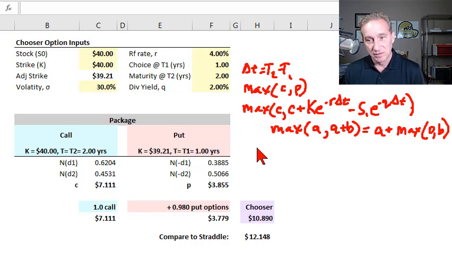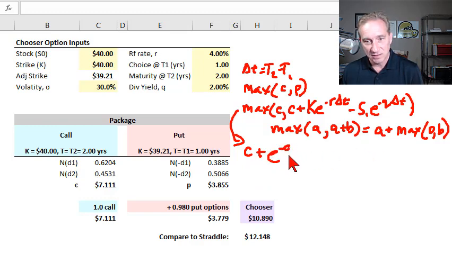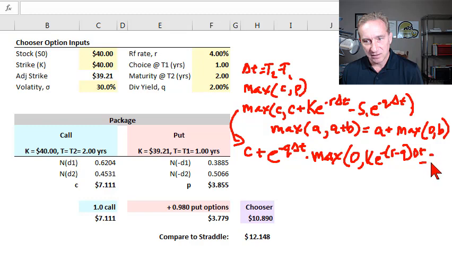That allows us to say it's equal to a call plus that exponent we're distributing, e to the negative q delta t, multiplied by the max function of 0 and the discounted strike price at negative r minus q delta t, minus S1.